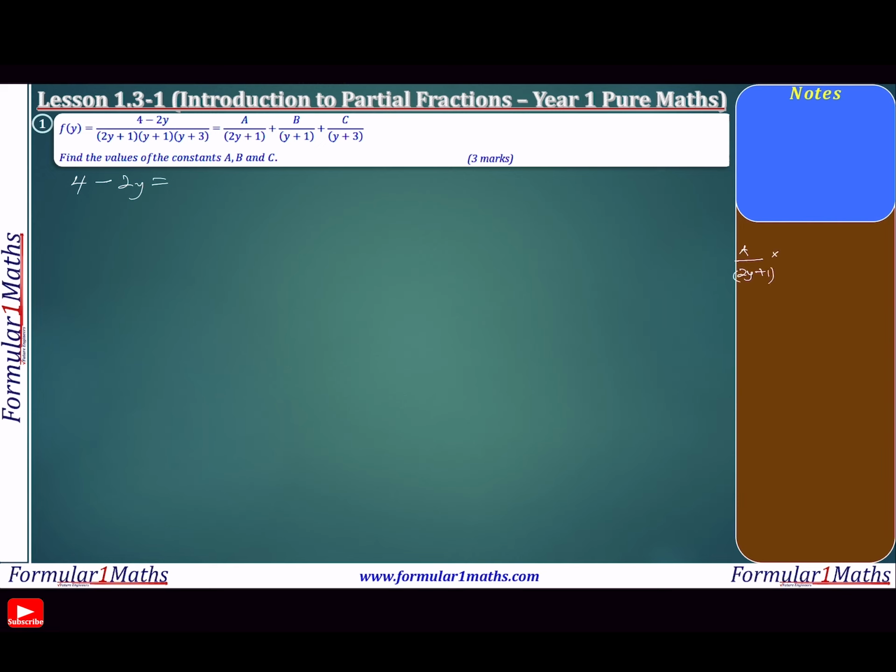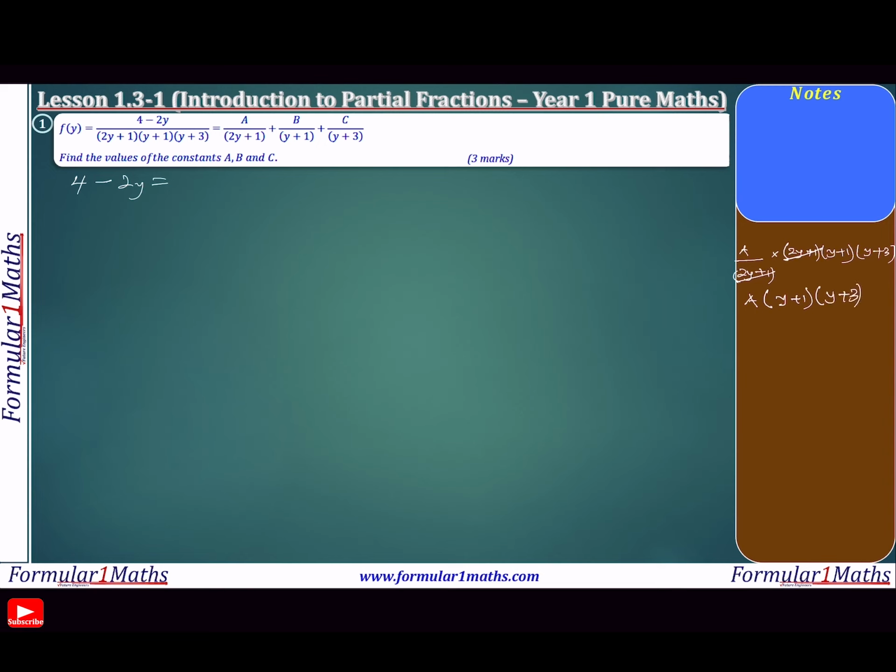All of that times the denominator of the left-hand side, which is 2y plus 1 times y plus 1 times y plus 3. And you can see that this will cancel with that, and we have a times y plus 1 times y plus 3.